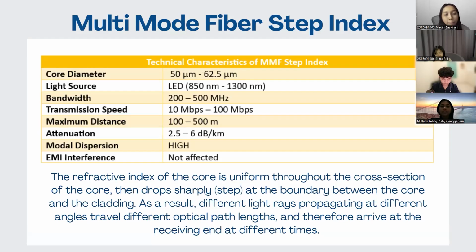The next is multimode fiber step index. This type features a core diameter ranging from 15 to 62.5 micrometers and uses an LED light source operating between 850 nanometers and 1300 nanometers.